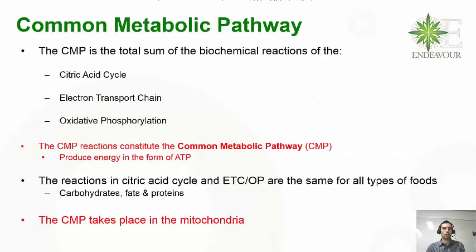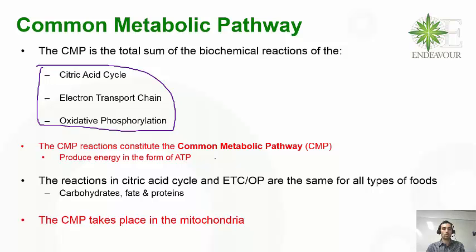So we talk about the citric acid cycle, electron transport chain, and oxidative phosphorylation together as the central metabolic pathway, because these are the reactions that are used to produce energy from our macromolecules.